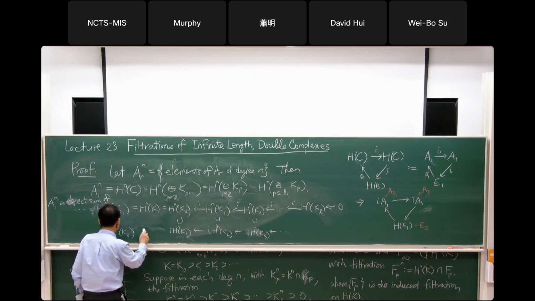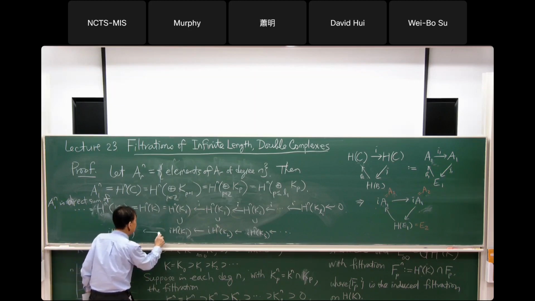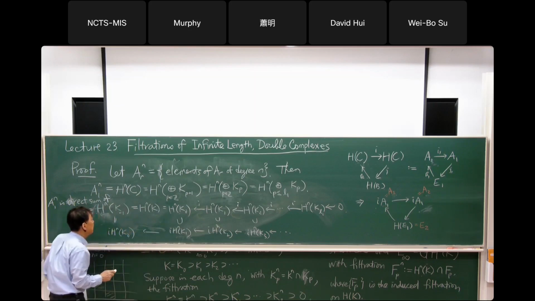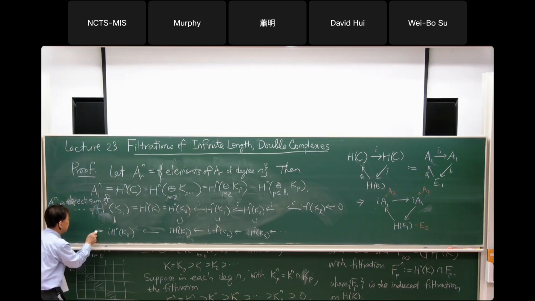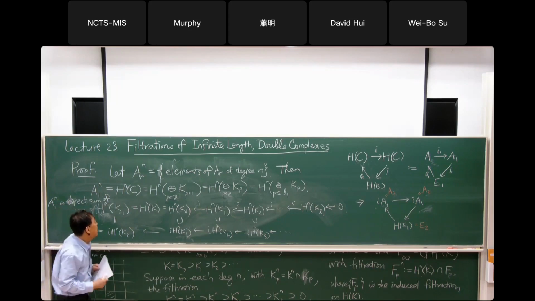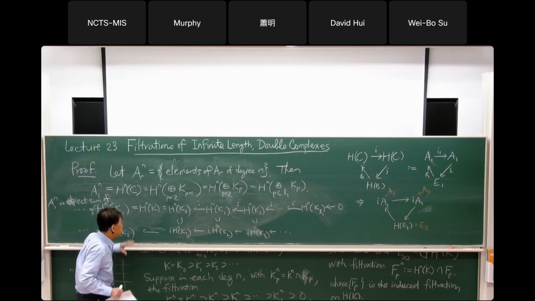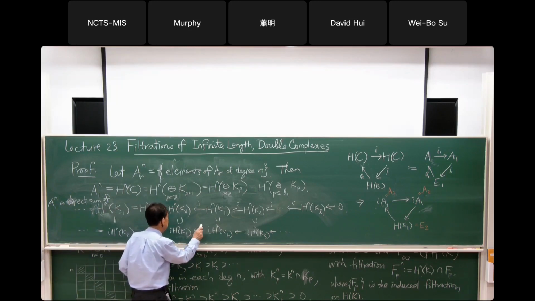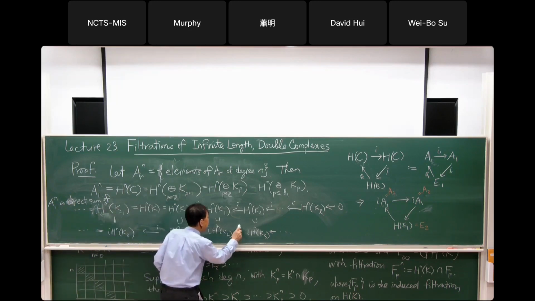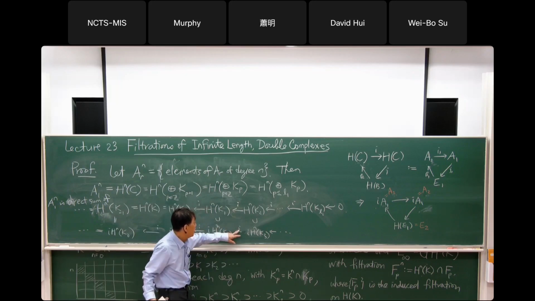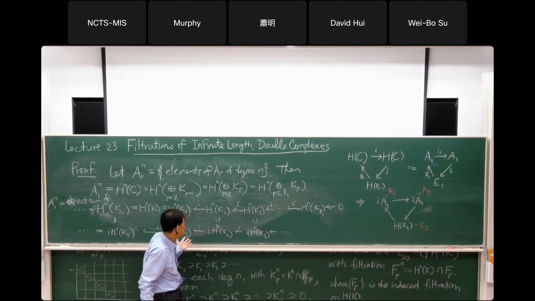Then you have a map here, and this goes on forever. Now this is a commutative diagram, because I in A2 is just the restriction of I in A1.